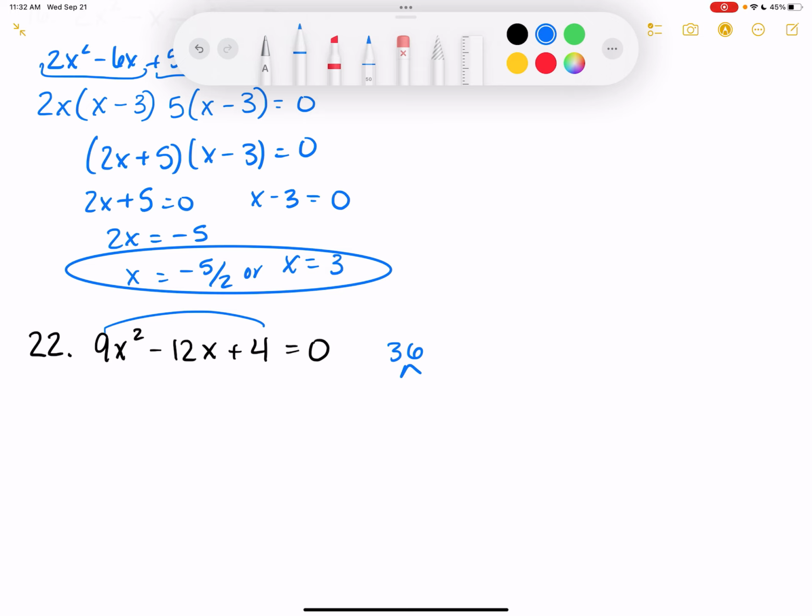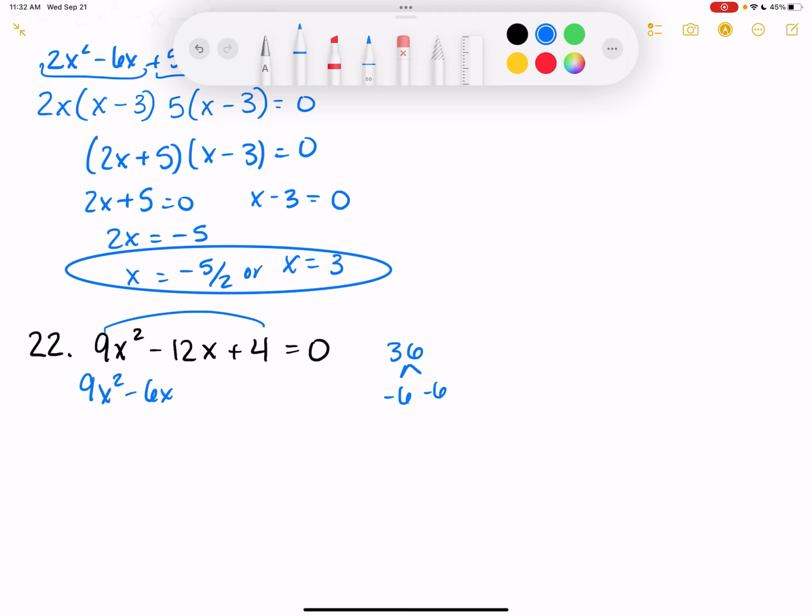Negative 9, negative 4 would be 13. That's embarrassing. I don't know, 6 minus 6. Negative 6 and negative 6.